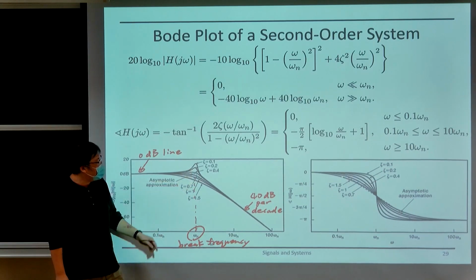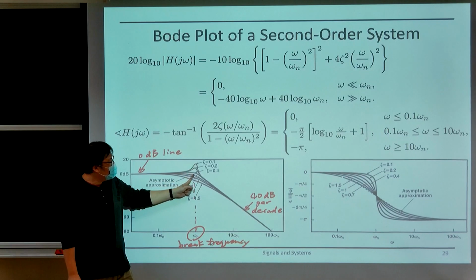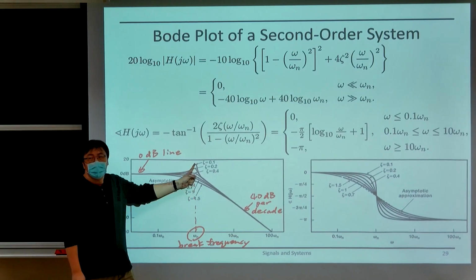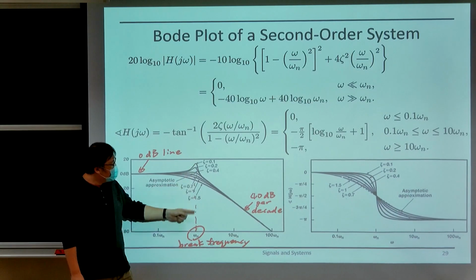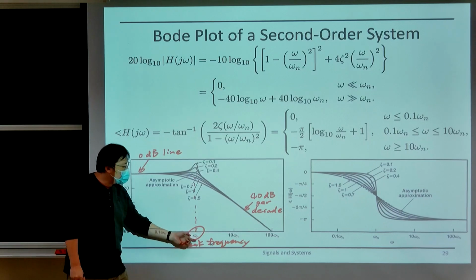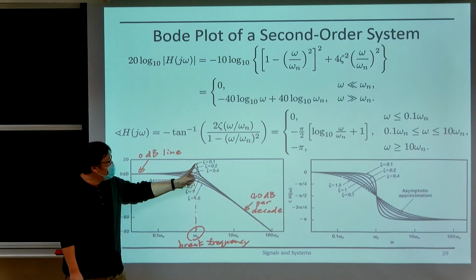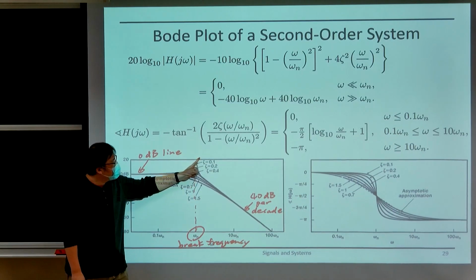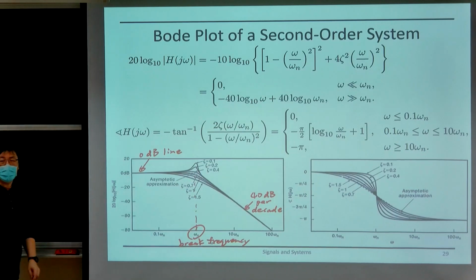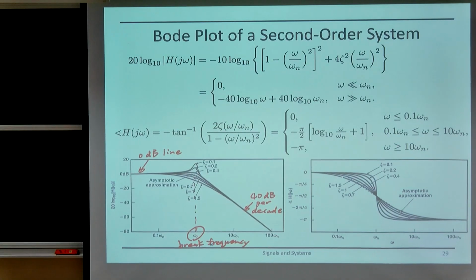In fact, there is this peak here, close to omega n, not exactly omega n, that becomes larger and larger as zeta becomes smaller, right?